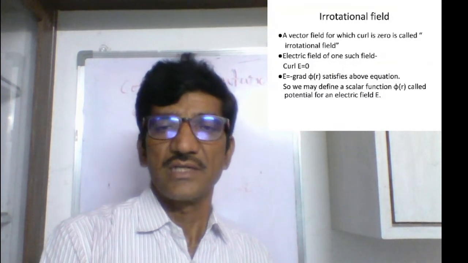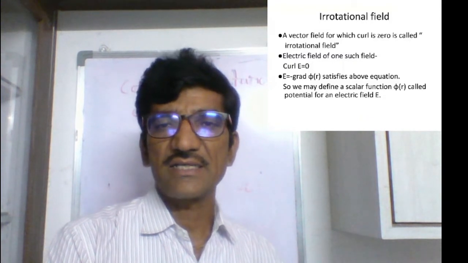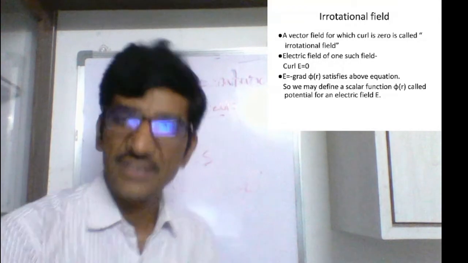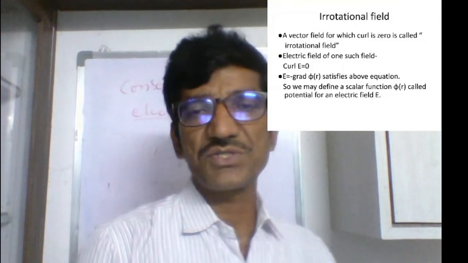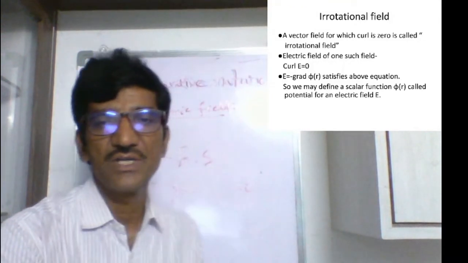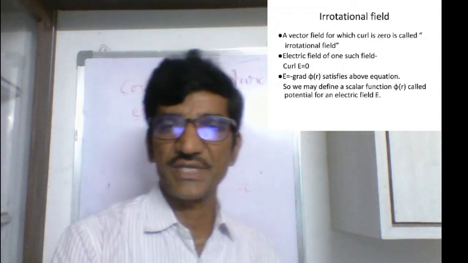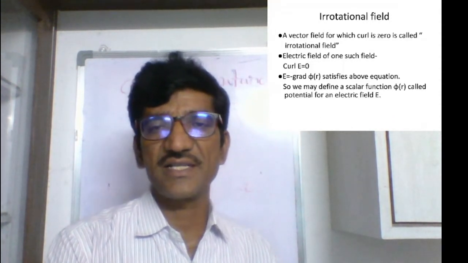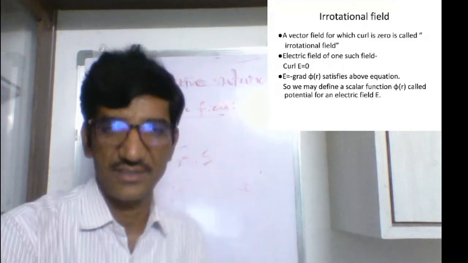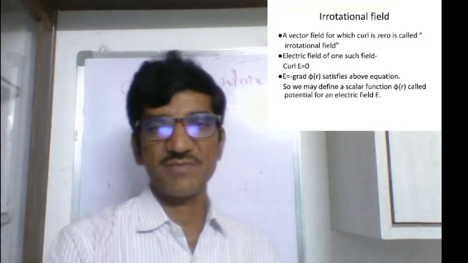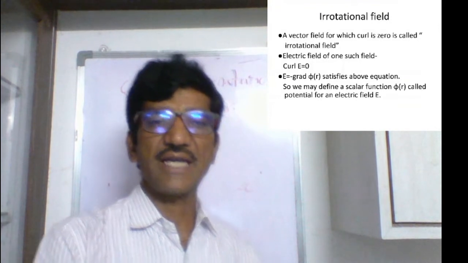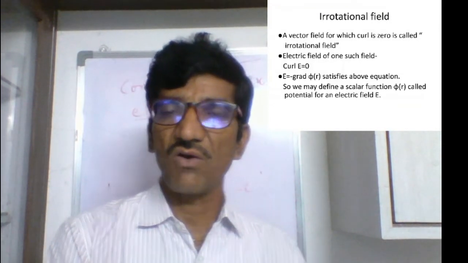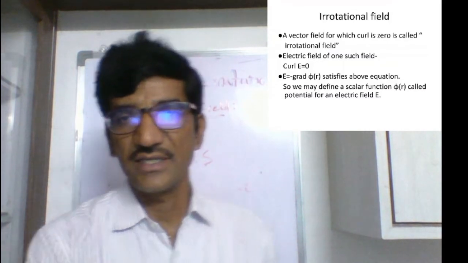So the line integral of E is 0 means the surface integral of curl E is also 0. That's why we have curl E is equal to 0. Whenever you have curl E equal to 0, we may easily say that E is an irrotational field. This mathematical statement directly shows the irrotational nature of the electric field E.